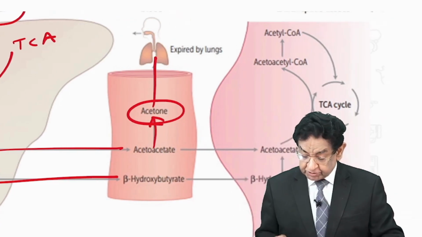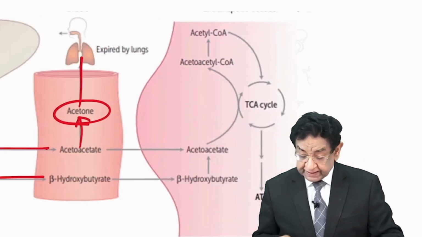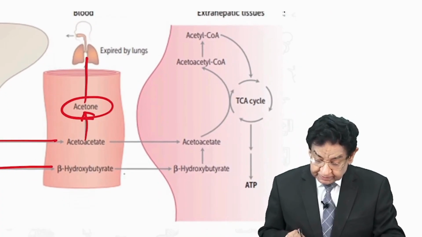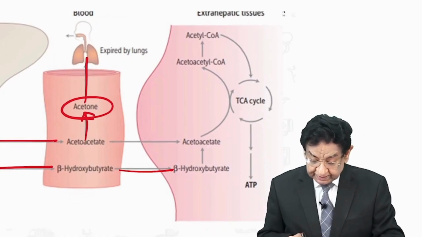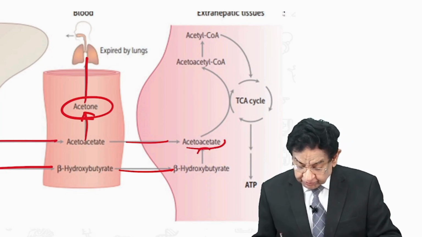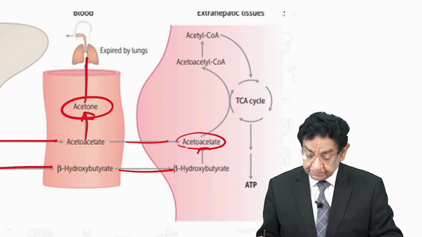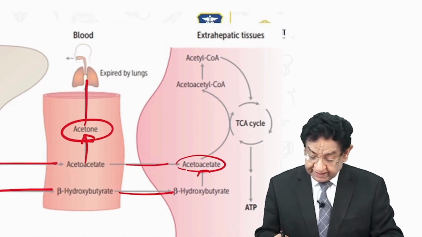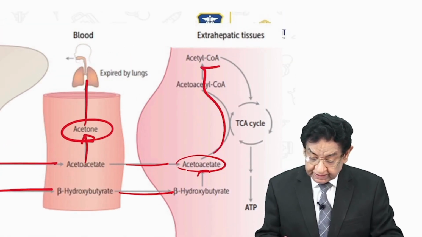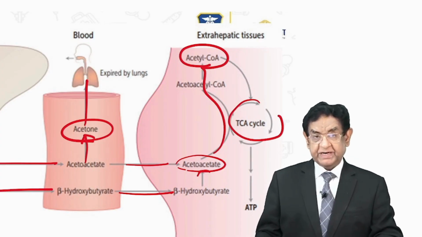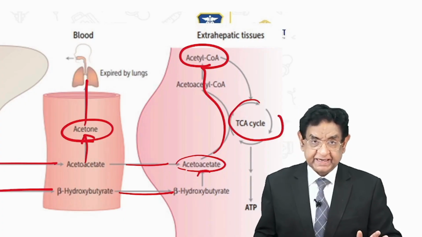Now beta hydroxybutyrate may enter the extrahepatic tissue also. There it gets converted again into acetoacetate. Acetoacetate can go into acetyl coenzyme A, and finally acetyl coenzyme A is there in the TCA cycle.